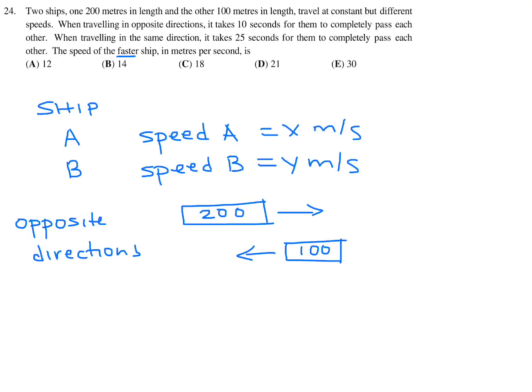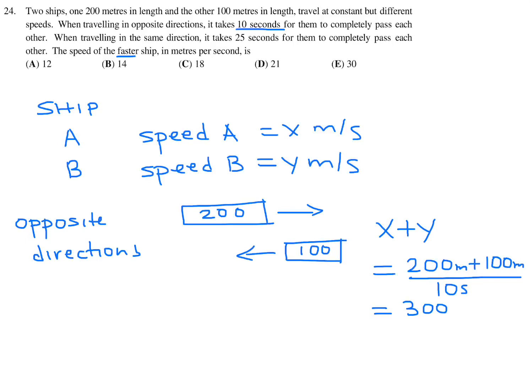If you put this in a mathematical equation, x plus y, the two speeds, are equal to the two lengths, 200 meters plus 100 meters, divided by the time it takes for them to completely pass each other, which they tell you is 10 seconds. So this is 300 meters over 10 seconds, which is 30 meters per second.